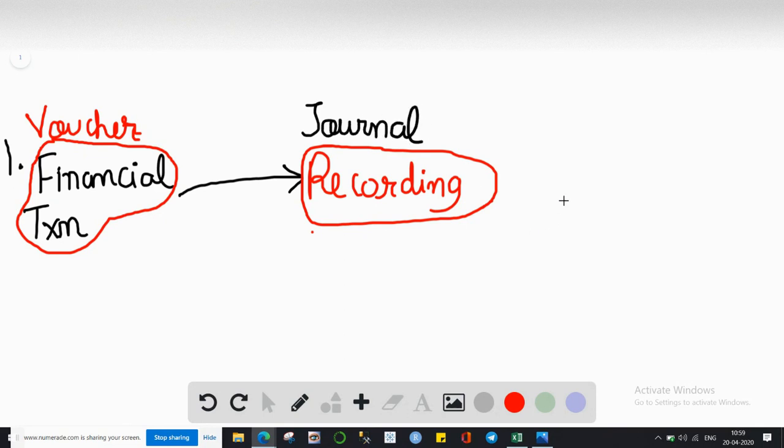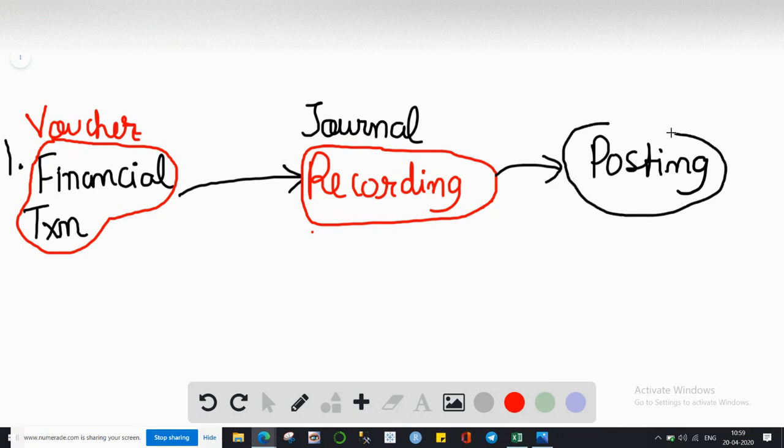Followed by that, after recording a series of financial transactions, we post them to different types of T accounts, or we can say ledgers.